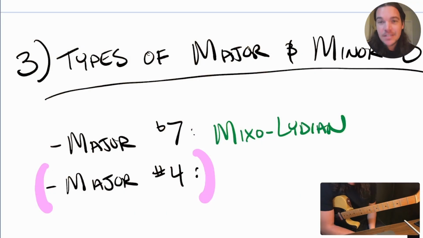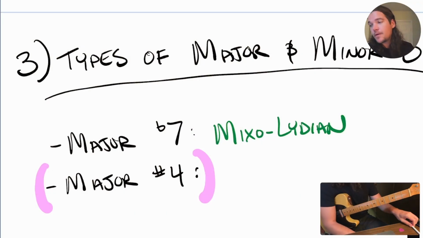It's a major scale with a sharp 4. To be completely honest, there's a little more going on with The Simpsons as well, but again, that's outside of the scope of this video. Let's get back on track. The major scale with the sharp 4.